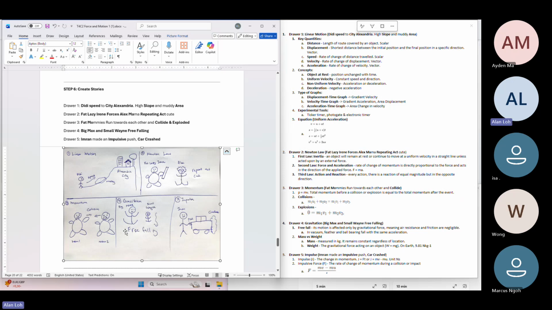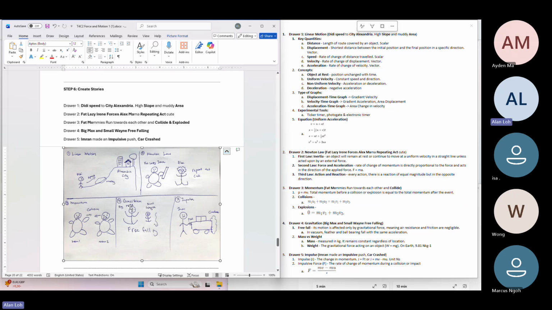right? Then immediately you can explain why two objects in a vacuum, when dropping, reach the ground at the same time, because of the concept of free falling, because of the concept of not having air resistance. And you can talk about the mass, and you can talk about the weight, right?